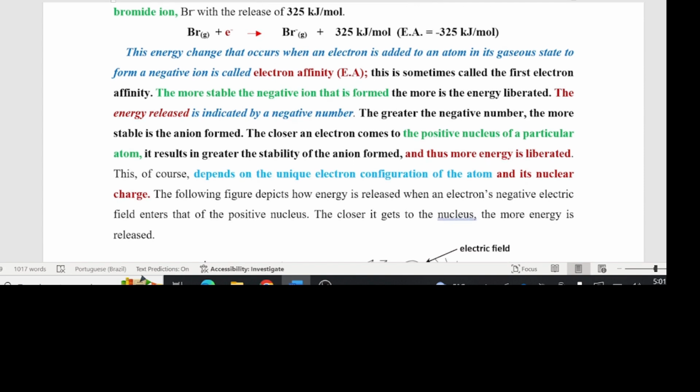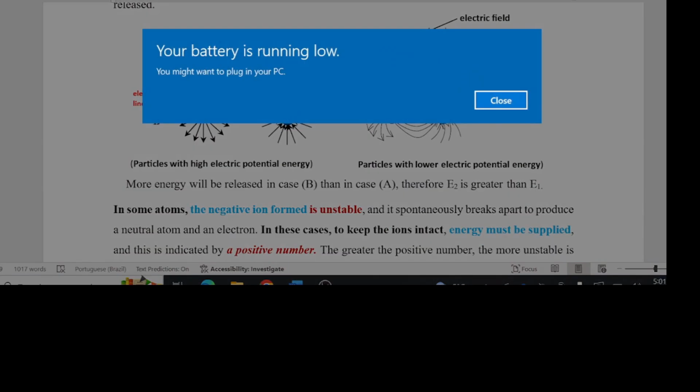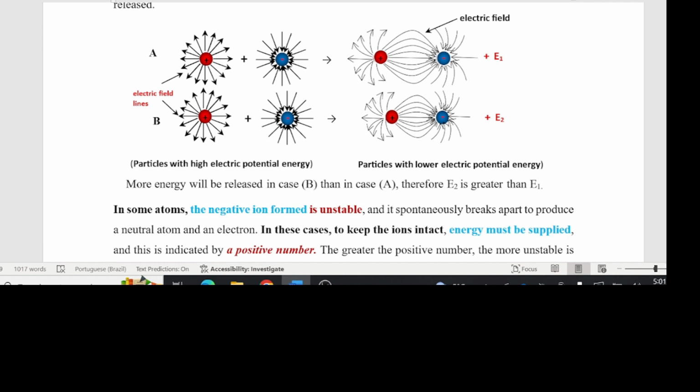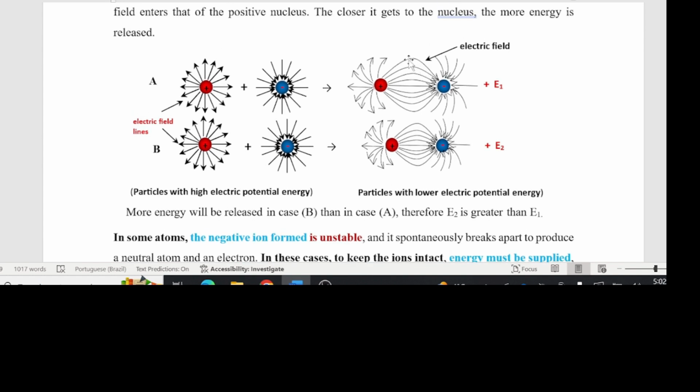So let us use this diagram to depict how energy is released. Here we are having 2 charges. This is a positive charge and this is a negative charge. Emanating from these charges are what are called electric field lines. Every positive charge has electric field lines moving away from it, and the negative ones have lines coming into them. So when a positive charge is in the vicinity of a negative charge, these electric field lines will overlap and link, and that will create an attractive force between these 2 charges.